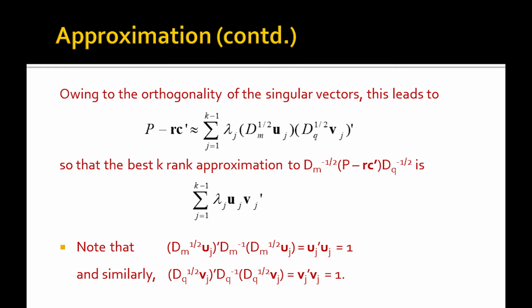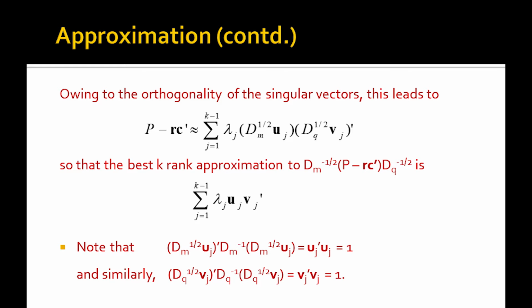Now, owing to the orthogonality of singular vectors, remember, corresponding to the singular values we have the singular vectors, and the singular vectors are orthogonal among themselves. So if you look at P minus RC prime, it will lead to the same sort of expansion with the remaining lambda j's. What we do is we discard the last q minus k lambda j's.